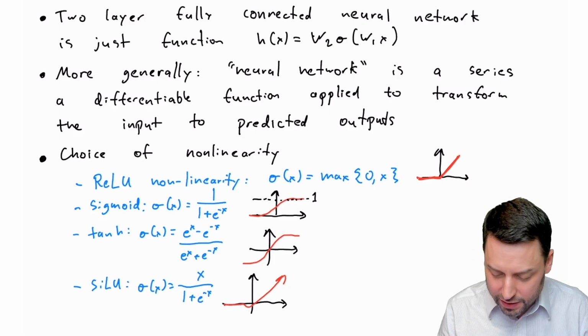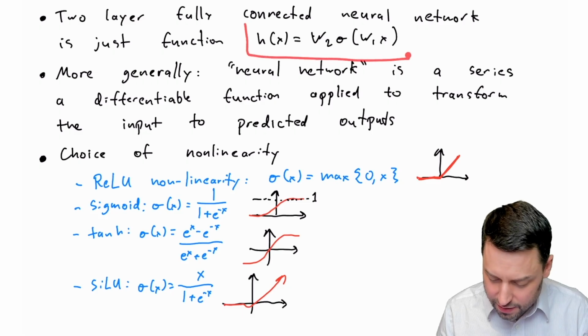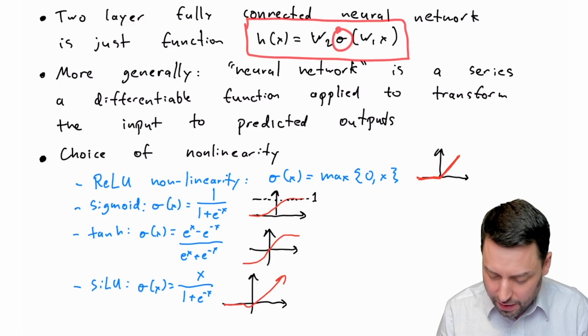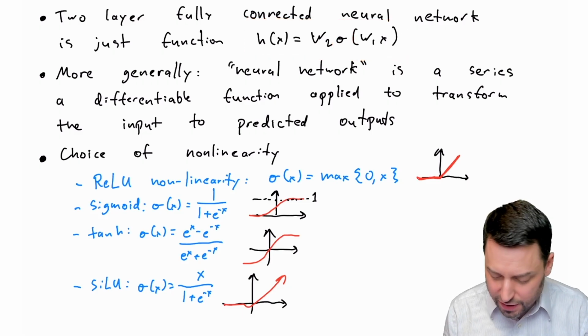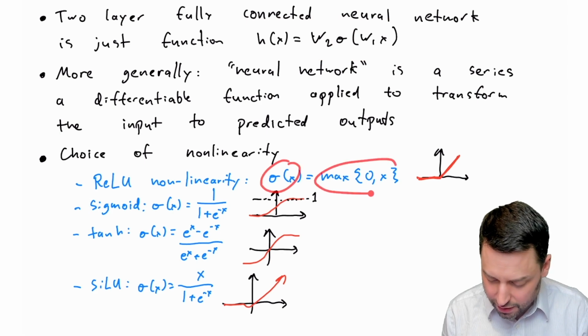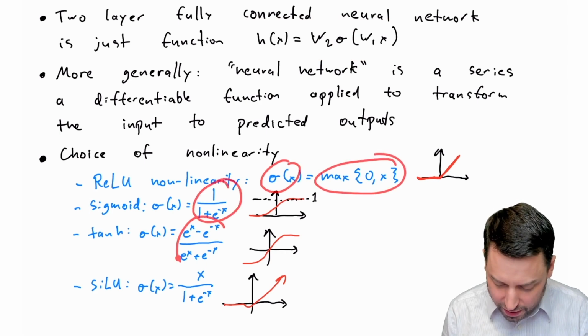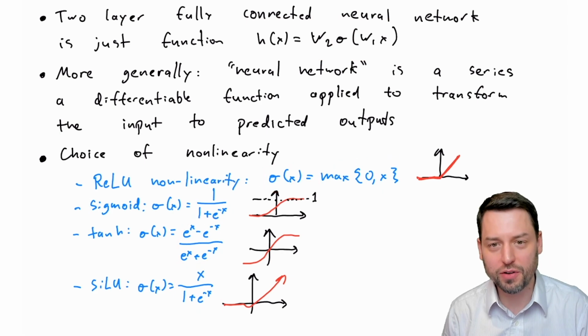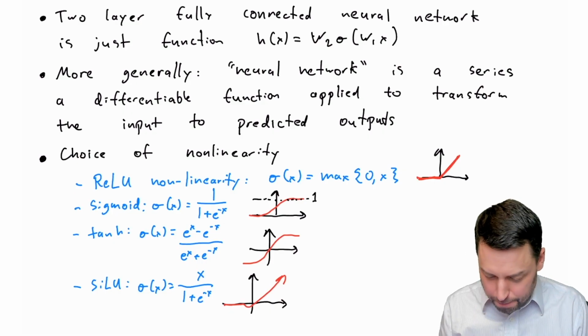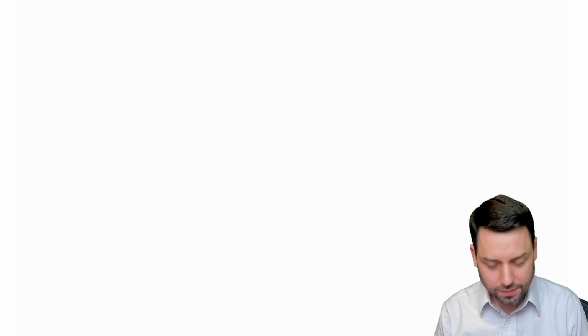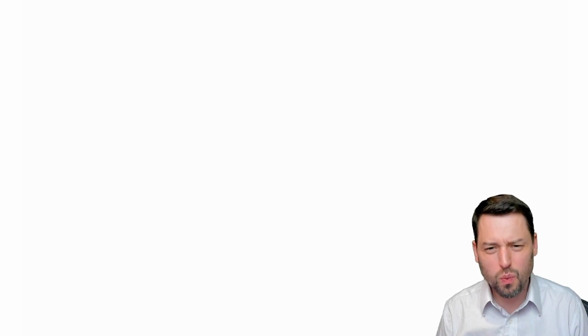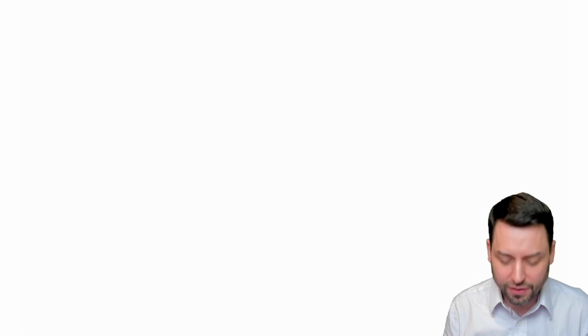A neural network is a function like this, where sigma is typically chosen to be some function like the ones we have here. You know, the ReLU, sigmoid, tanh, SiLU, whatever you want. But the point I want to talk about now is, intuitively, why does including nonlinearity make such a big difference?